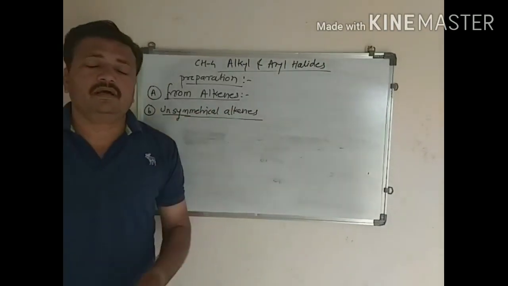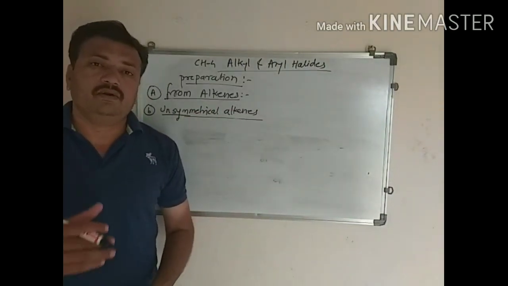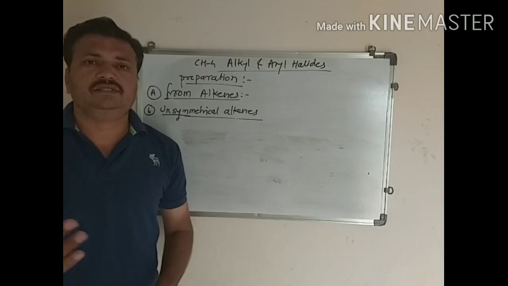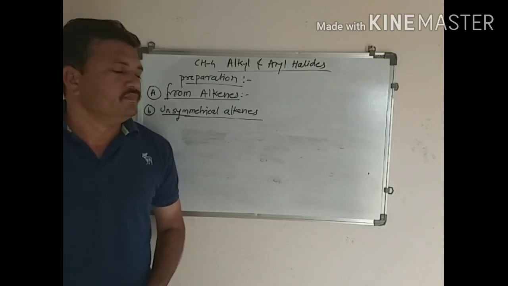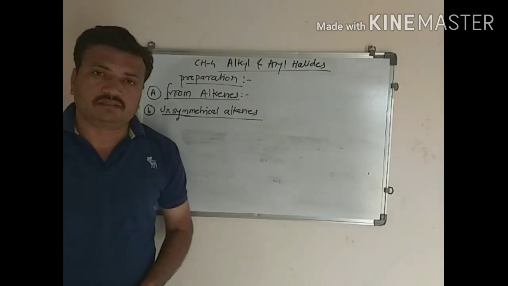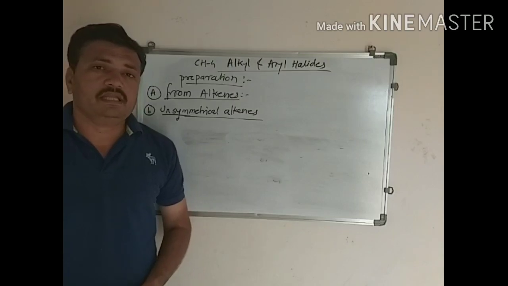When unsymmetrical alkene reacts with any hydrogen acids, HX, HCl, HBr or HI, then we get two types of the product. And the major product is according to the Markovnikov's rule.